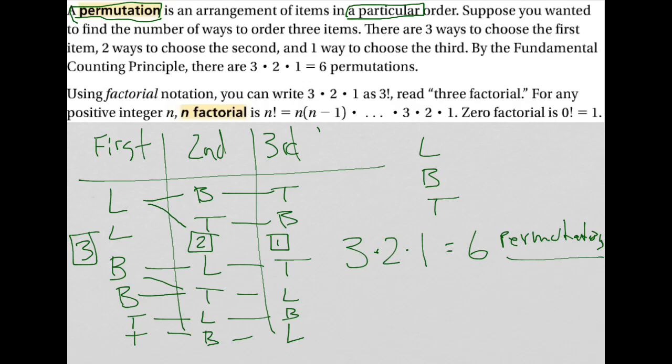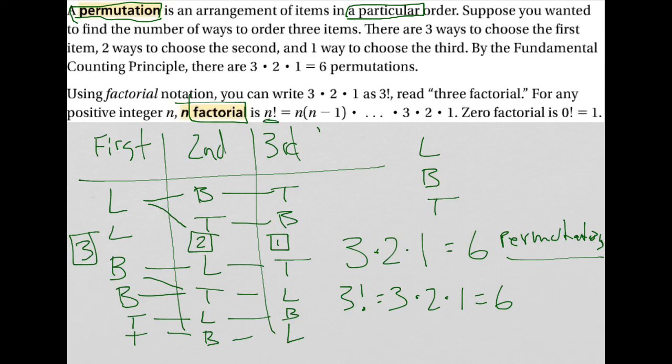Now, mathematicians have developed an easier way to write this. Because imagine if we started with 100 people and we wanted to list the 100 possible orderings of these people. Well, that would be a lot to multiply together. So we came up with this term called a factorial, and it's written with an exclamation mark, which is fun, and it is defined by that. Like 3 factorial, you start with 3, and then you multiply it by each integer below that to get a number, 6. 3 times 2 times 1.